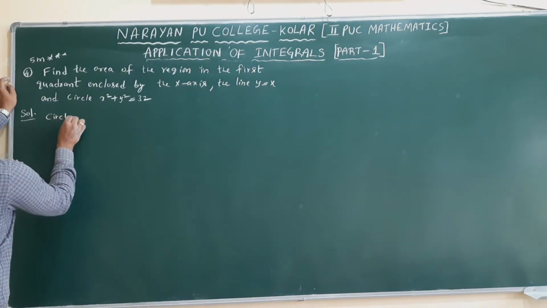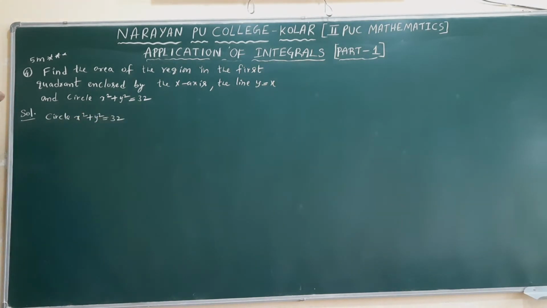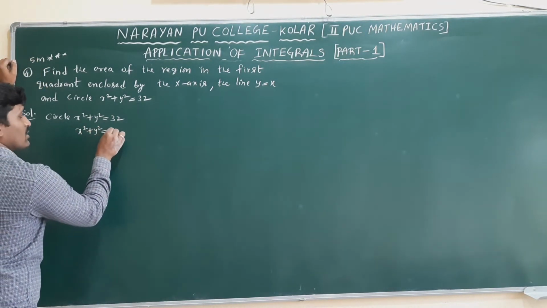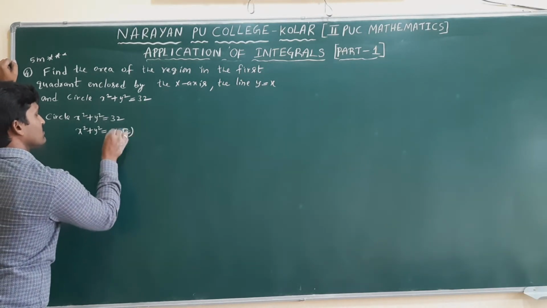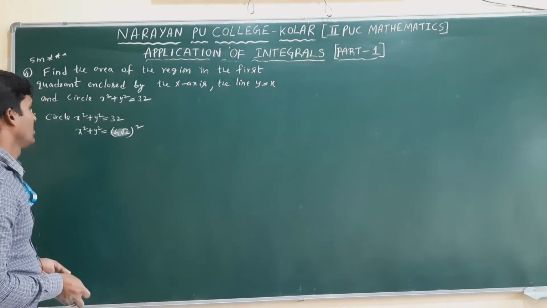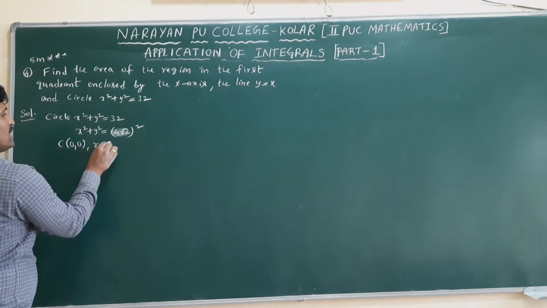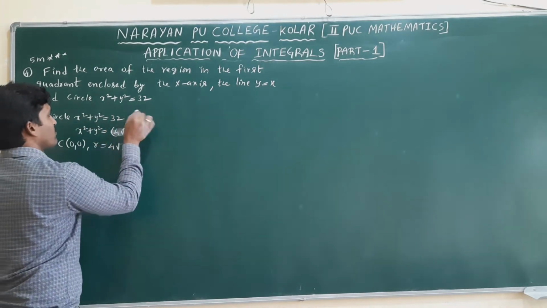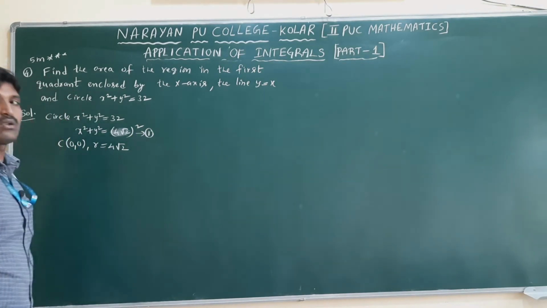The circle can clearly be written like this: x square plus y square equal to 4 root 2 whole square, because 16 times 2 gives 32. The center is clearly 0 comma 0 and the radius is 4 root 2. To draw the diagram of the circle we need this. Let's take it as equation number 1.